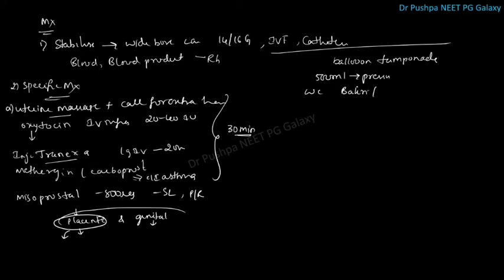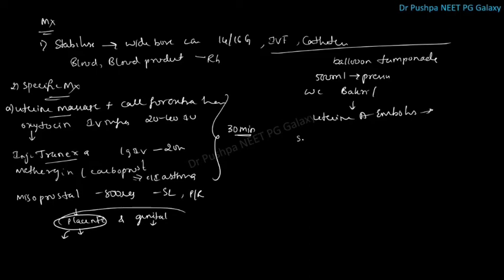If it is not available, we can just instill saline and that will compress the venous sinuses and stop bleeding. If the patient is not responding, we can do a minimally invasive method like uterine artery embolization. Usually it won't be available.